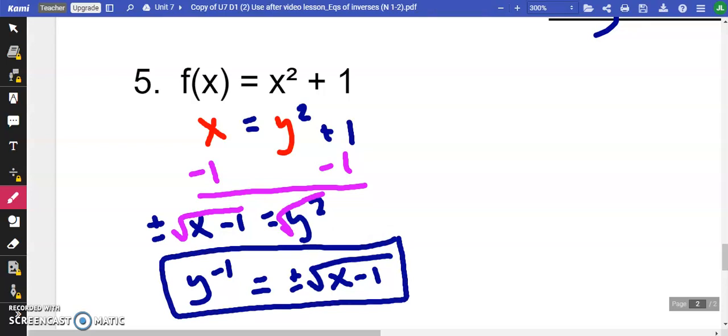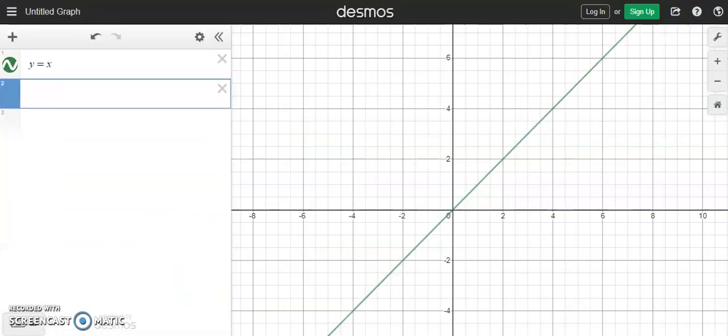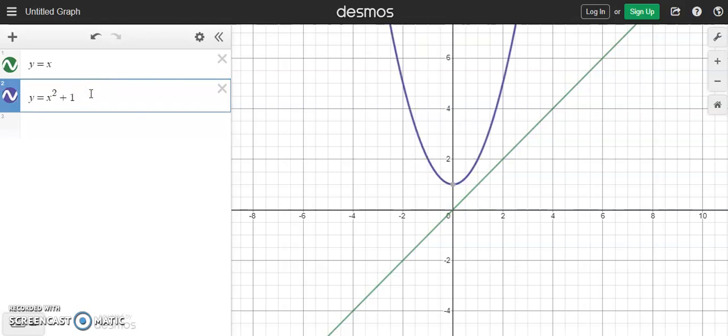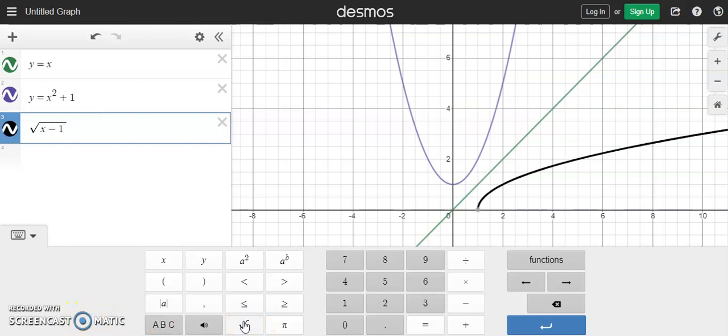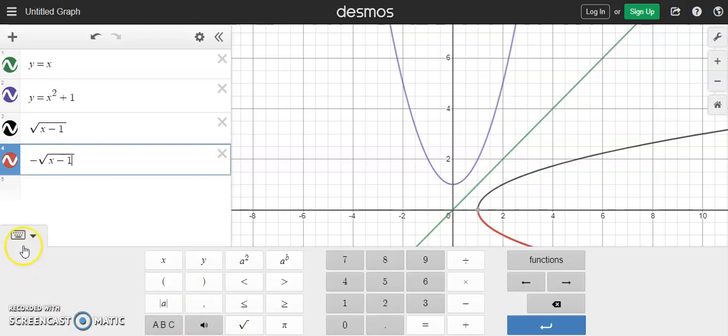So I'm going to go ahead and put those on the graph. So here's our original equation. And then since our inverse equation had both a positive and a negative in front, I'm basically just going to put those in separate rows. So I should see square root x minus 1 to represent part of the inverse, and then negative square root x minus 1 to get the second part.